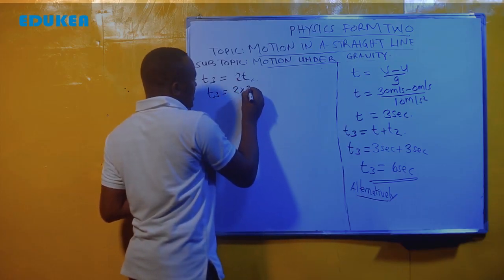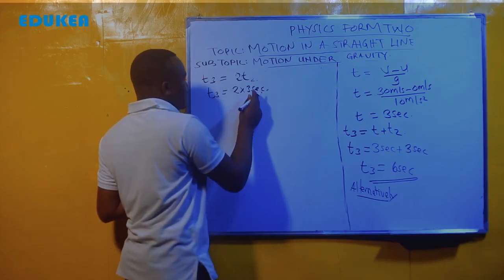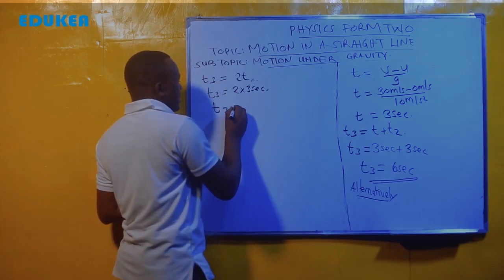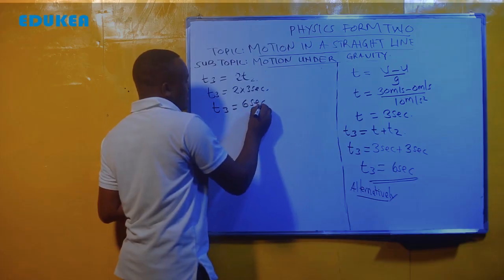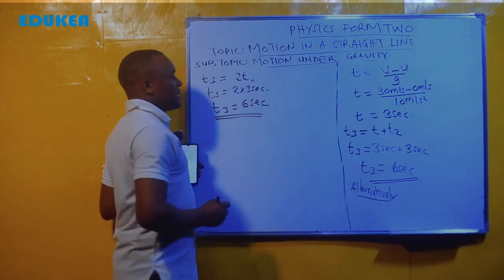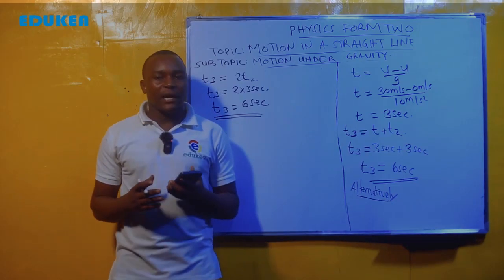So 2 times 3, you get t3 is equal to 6 seconds. That is how you can find the time to reach the ground again by the stone.